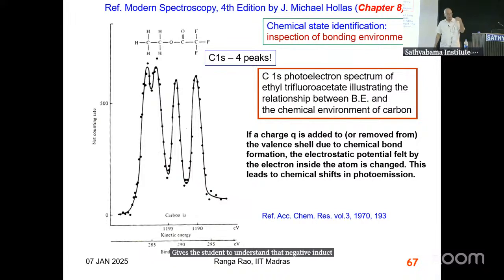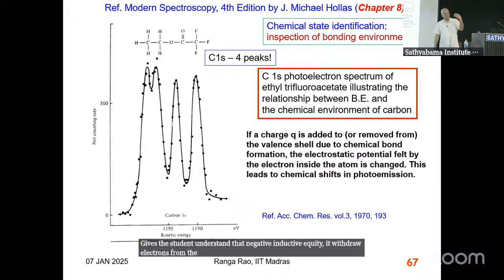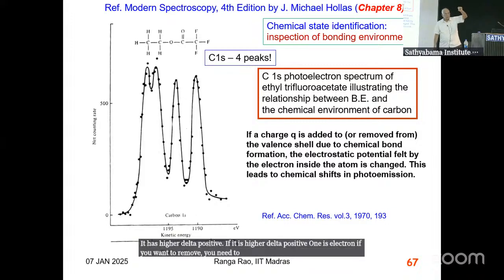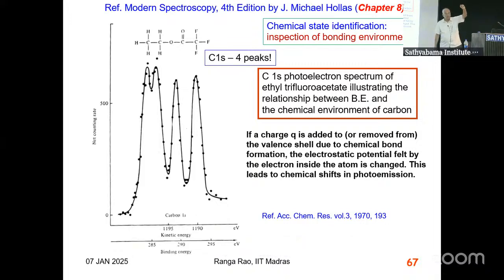It withdraws electrons from the carbon. So as a result, what happens? The carbon delta positive will increase. It has higher delta positive. If it is higher delta positive, the 1s electron, if you want to remove, you need to spend more energy, right? So the binding energy is going to be more. It is strongly bound because it has a positive charge, right?